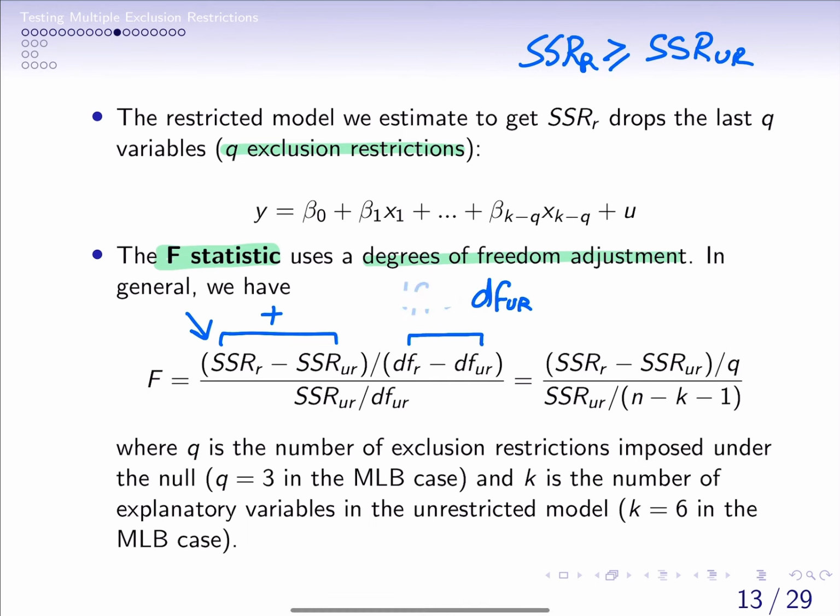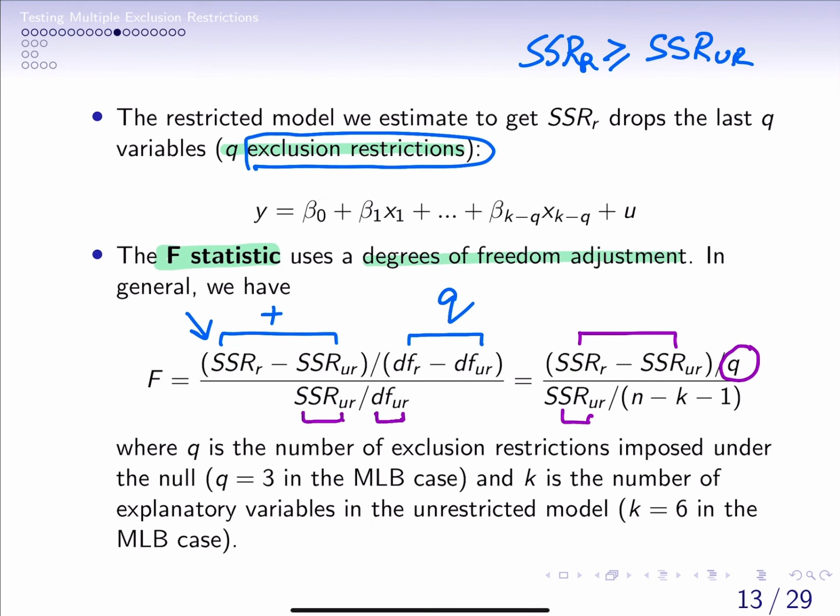What is the number of exclusion restrictions, in other words? So that's what we have in the numerator. And in the denominator, we have just the sum of squared residuals from our unrestricted model divided by the degrees of freedom from our unrestricted model. So if you were to write this out, this remains the same, but this is just divided by Q, and this is divided by n minus k minus 1.